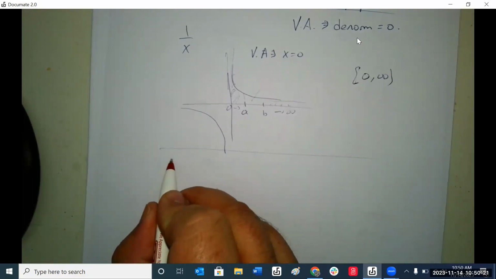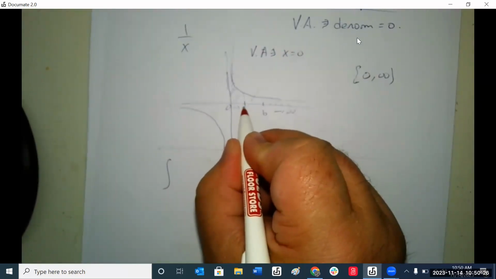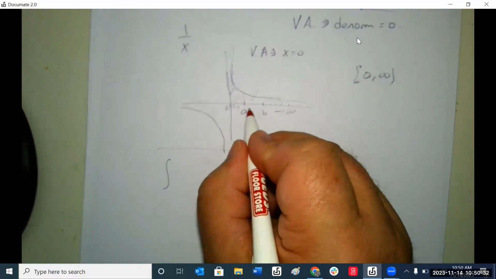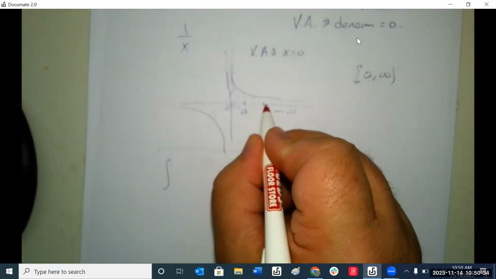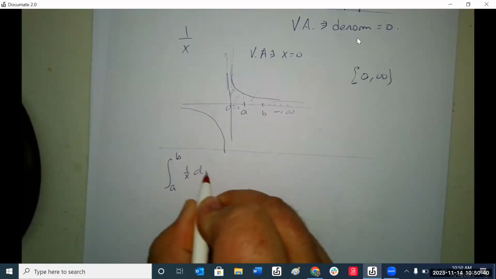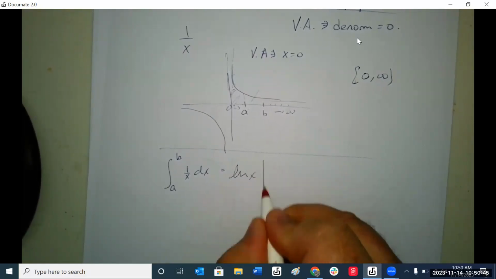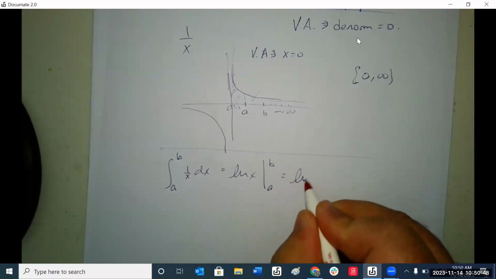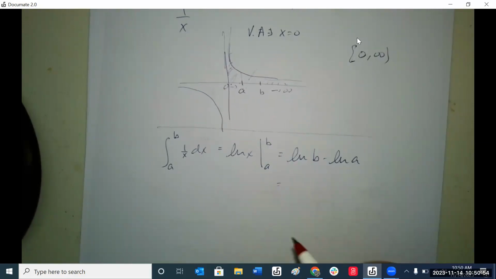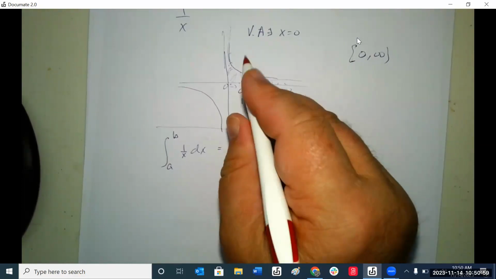All right, so let's look from 0 to A to some value B. So if we look from A to B, that would be ln x, and it can't be 1.